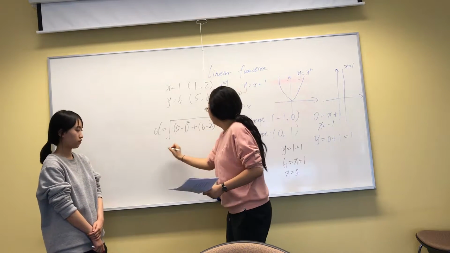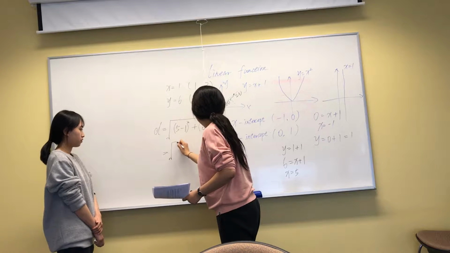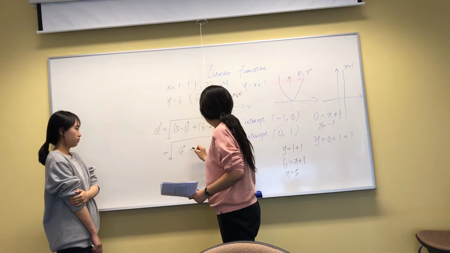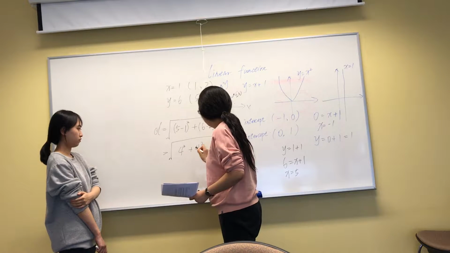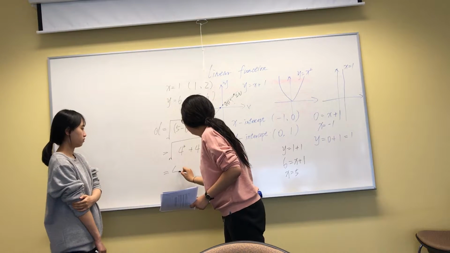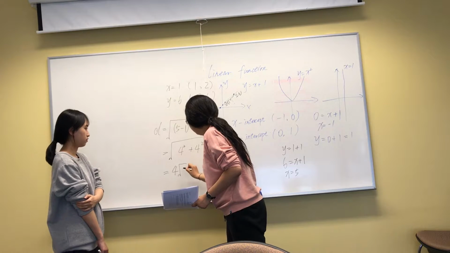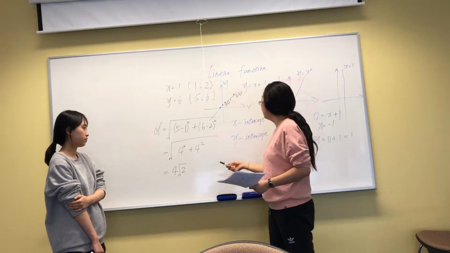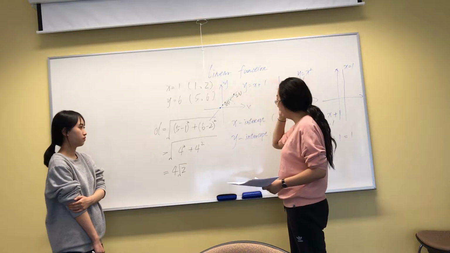If we simplify it, it should be 4 squared plus 4 squared, so it should be 4 square root of 2. That is the distance between the two points here.